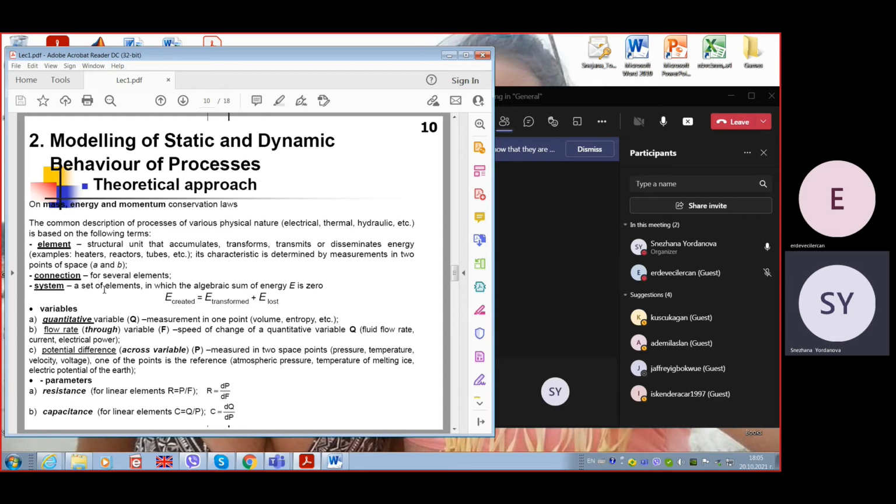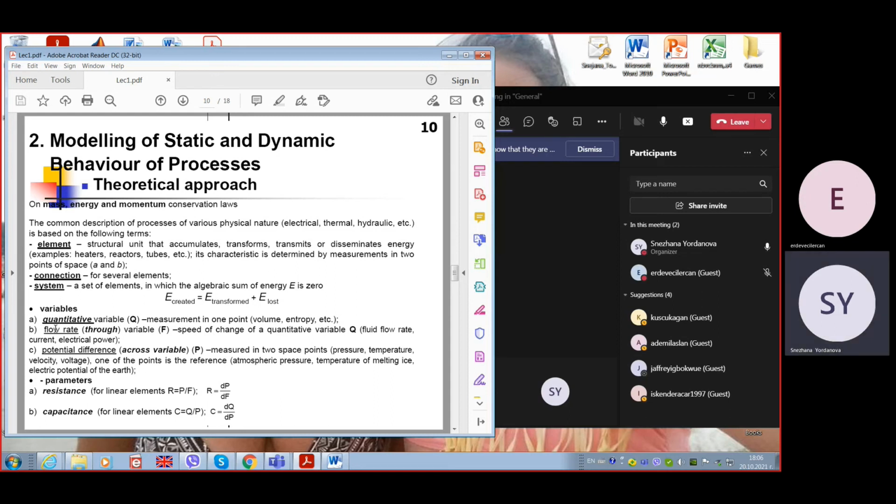So finally, in a system, according to the conservation law, for instance, for energy, the energy that is created is formed as a sum between energy transformed and we add the lost energy. So the created energy is the result of this sum. This means we have a closed system in a volume.